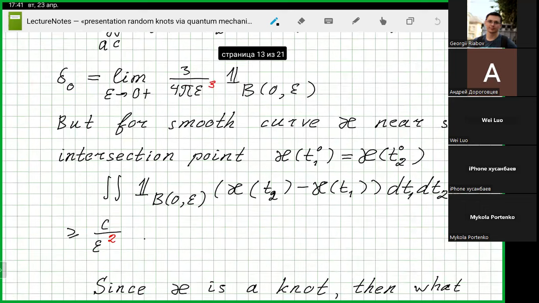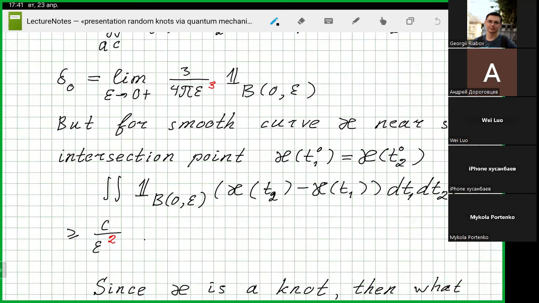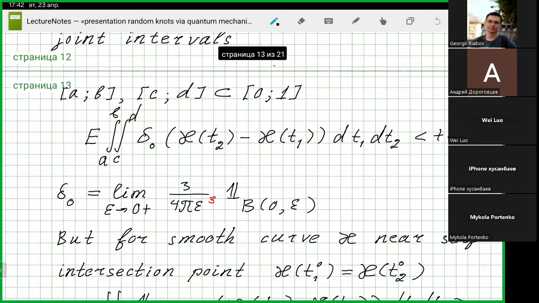But now let us see what happens if we consider a really smooth curve with some self-intersection point. Then the time which the difference kappa t2 minus kappa t1 spends near zero, near points of self-intersection, can be estimated from below by c divided by epsilon, and you see this contradicts this.